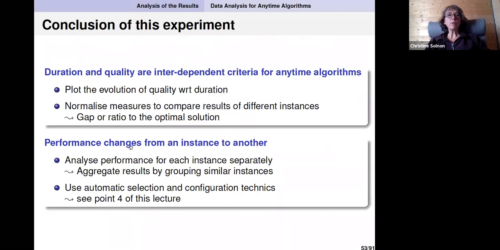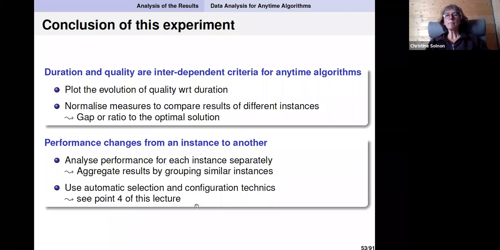When performance changes from one instance to another, I think it's more interesting to analyze performance for each class of instance separately, and we will see that in the next study. If we take all instances together, we have some conclusions which may be misleading. So it's interesting to group similar instances and to analyze performance for groups of similar instances separately.